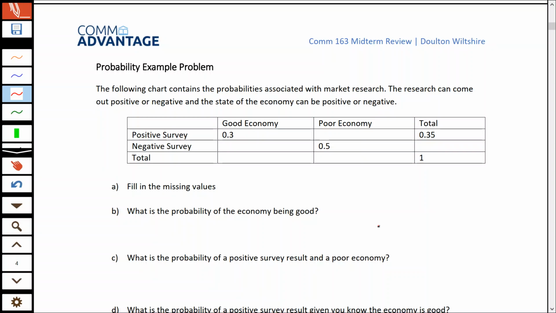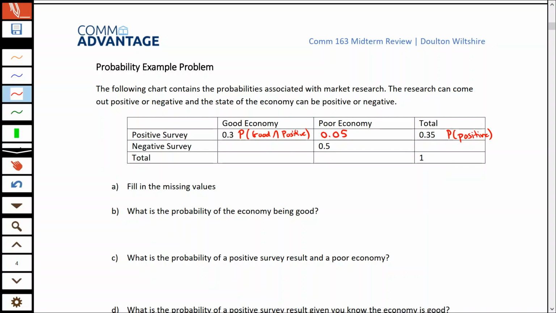So if I know that the probability of a straight up positive survey is 35%, and the probability of it being a good economy and positive is 30%, that means that the probability of it being a poor economy and positive has to be 5%.